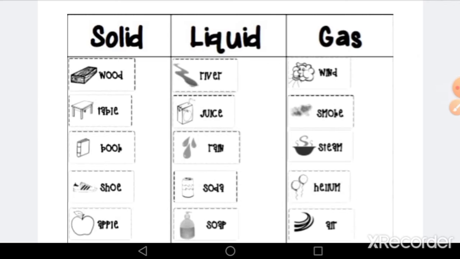Then next, wind, smoke, steam, helium and air are examples of gases because they too do not have fixed shape and occupy all the available space because in gases particles are very loosely packed.